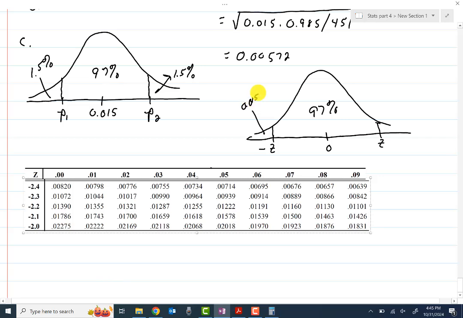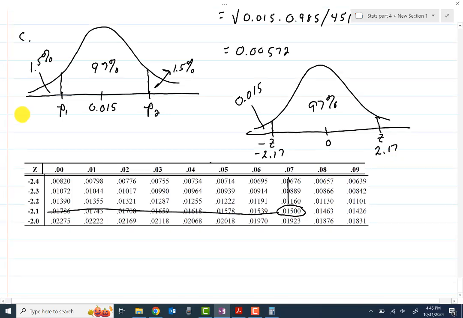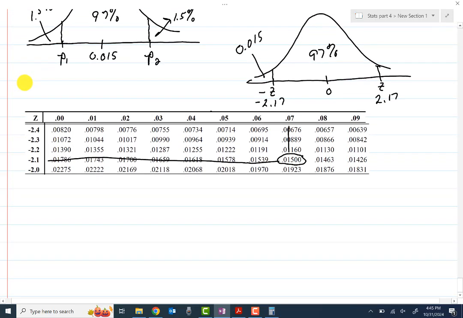I'm looking for 0.015. I think it's somewhere in this table. It's actually right there. So we have negative 2.17 there. That makes this 2.17. Now let me get my P1 and P2.